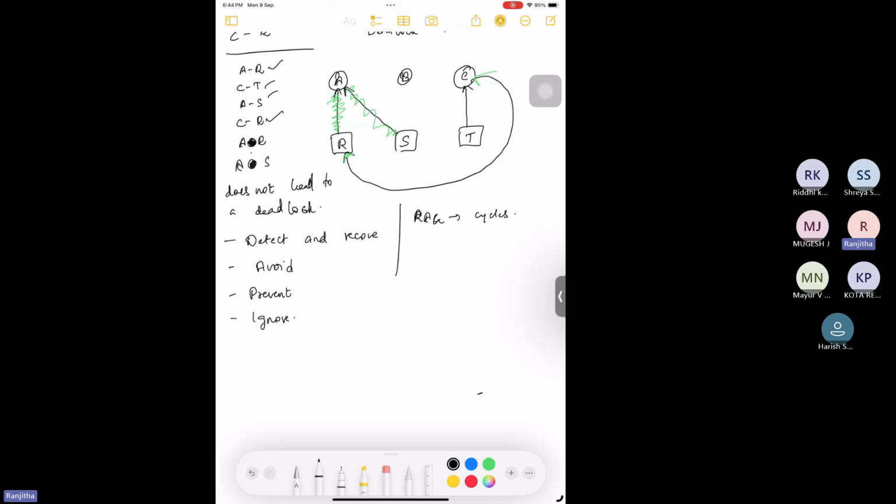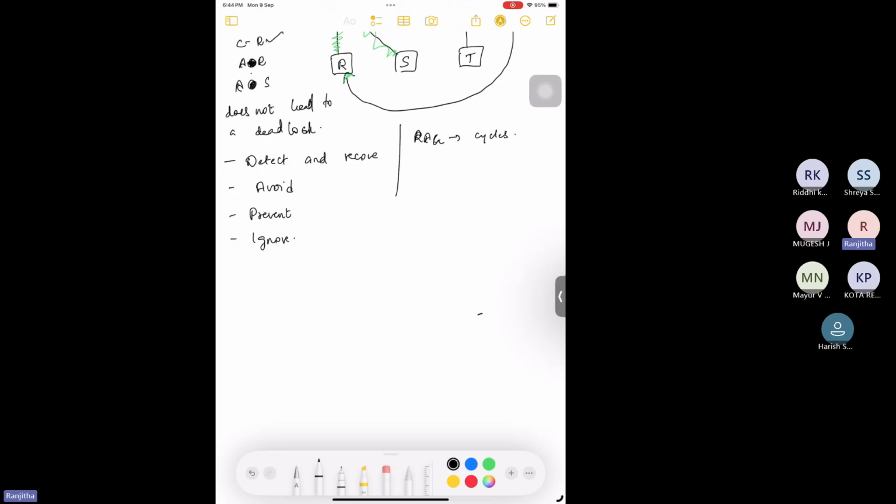We call the current allocation and current request matrices: the allocation matrix, request matrix, etc.